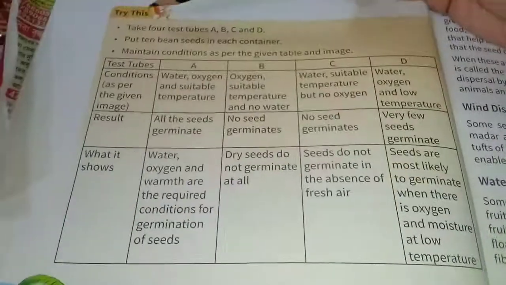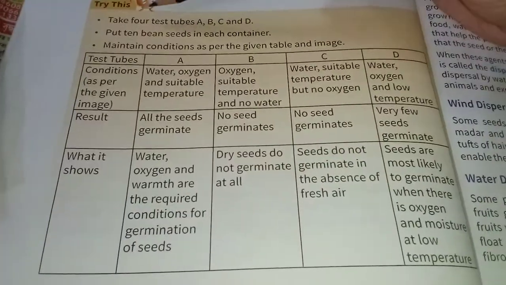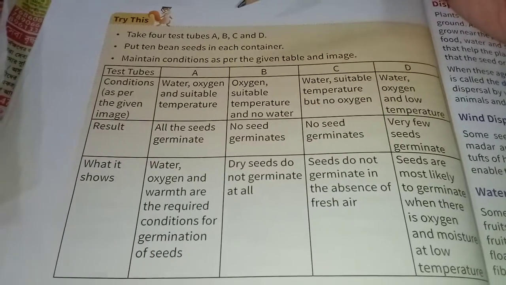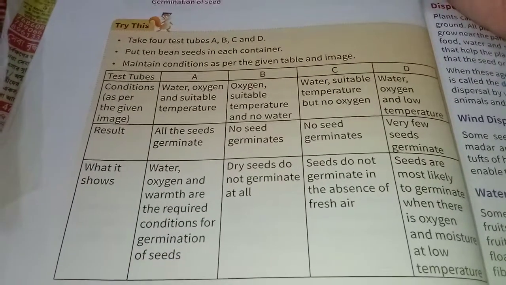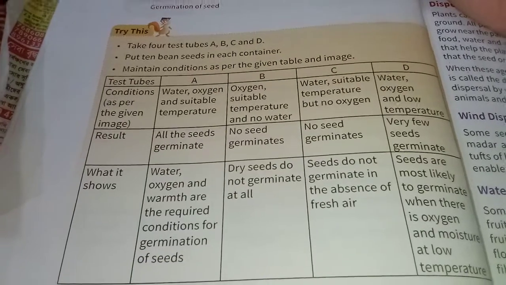Now I am telling you, you can do this in your home too. You can try this to just watch how germination comes about. Take 4 test tubes A, B, C and D. You can take 4 bottles also. In our house there are many waste bottles.